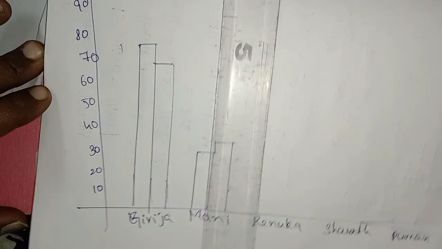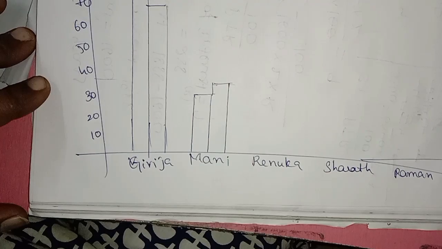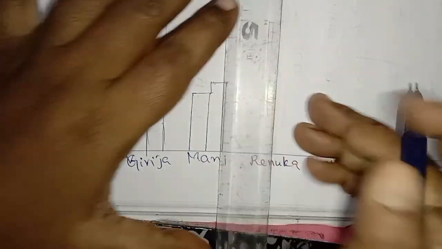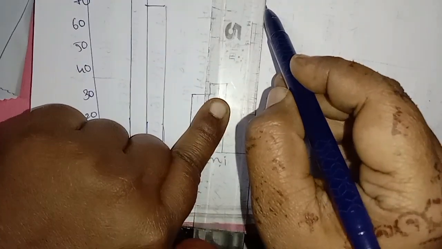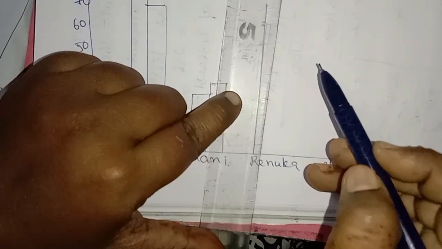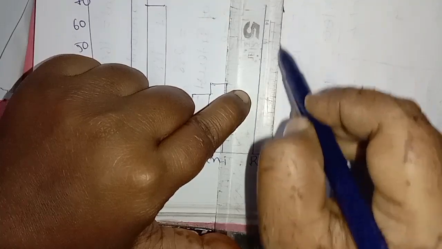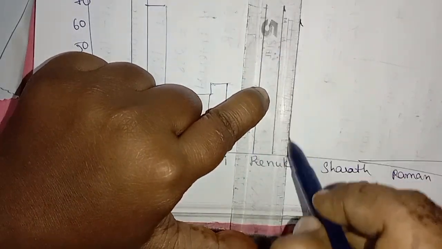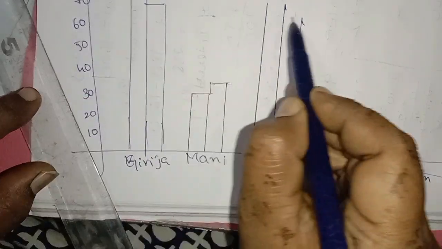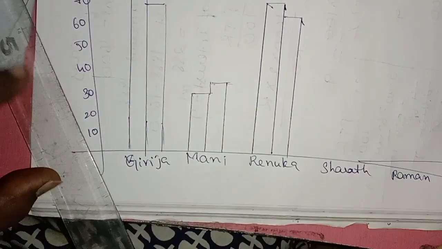So I think you are understanding how to draw this one. We'll complete it. 70 means I have to take it up to 70. These lines will be present on the graph now, no need of drawing again. 65 means somewhat less only. Right.